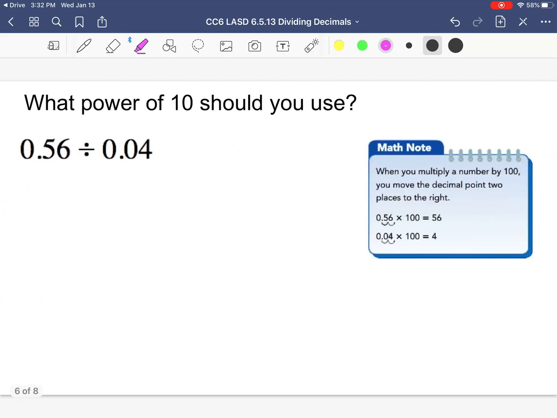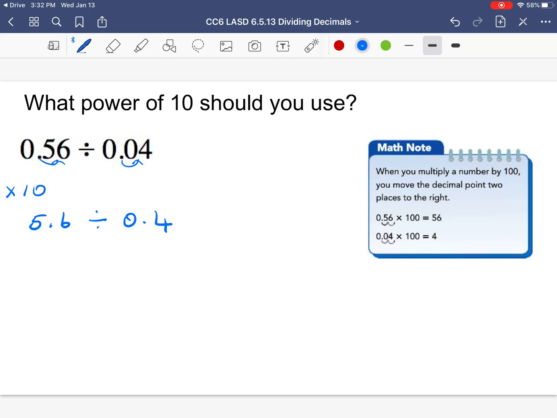Let's look at another example. 0.56 divided by 0.04. If we multiply by 10, we move the decimal points over to the right once in each number, and we'll get 5.6 divided by 0.4.